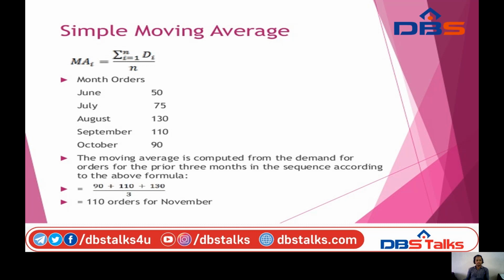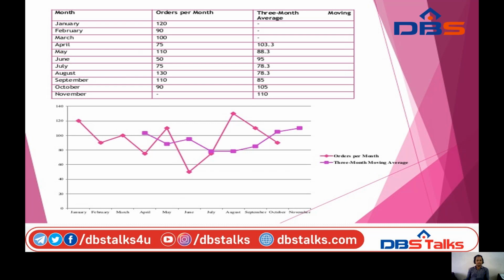Based on the last prior 3 months, the forecast for November is 110 orders. In the same way, we can calculate the order for any month, and regression also.